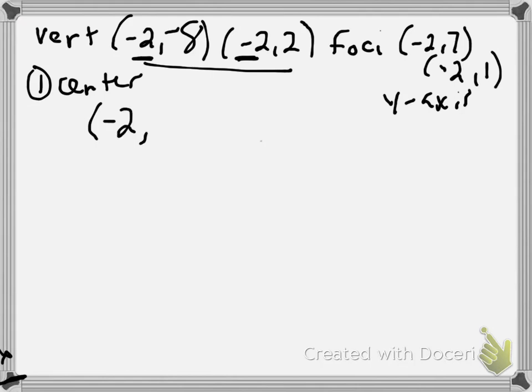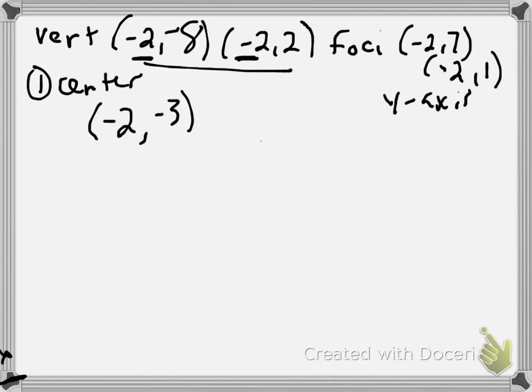The exact middle between negative 8 and 2, in this particular case, is negative 3. If you remember from Math 1, to find your midpoint or your center, you add the x's and divide by 2, and you add the y's and divide by 2. Or you can just figure out exactly where the middle would be. Either way, there's my center.